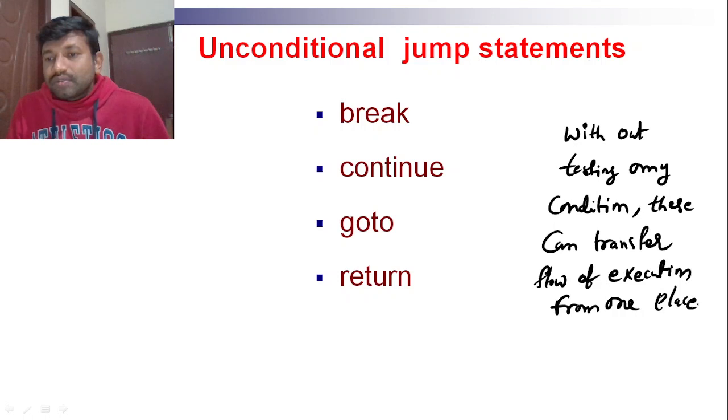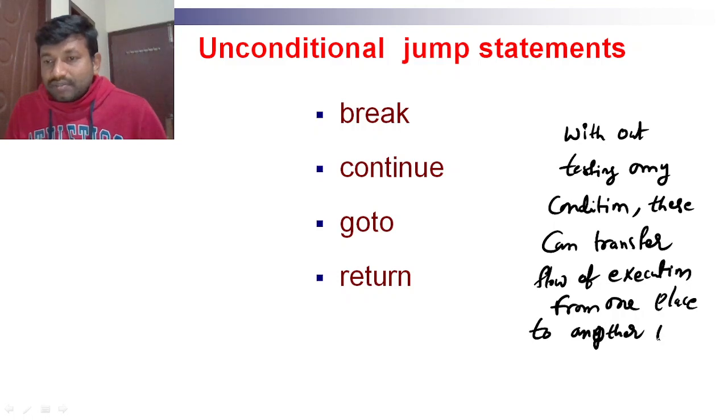They won't test any condition. If they are encountered, the control flow of execution is shifted from there to somewhere else. We have four: break, continue, goto, and return.